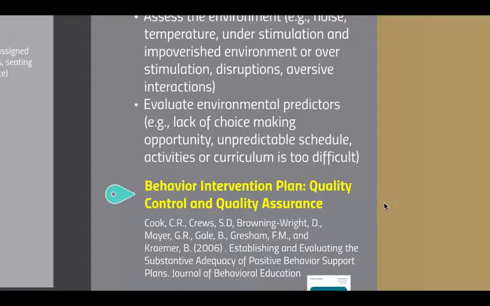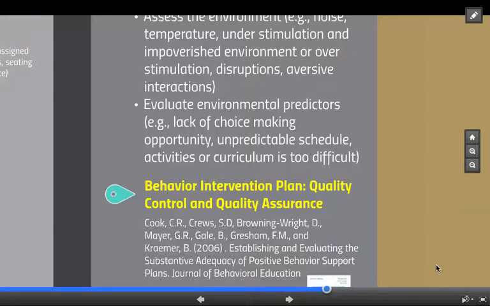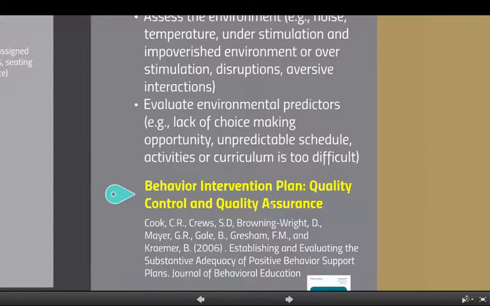Other environmental predictors could be a lack of choice making, unpredictable schedules, or abrupt transitions, for example, or activities or a curriculum that's just much too difficult for an individual. So a good behavior intervention plan is one that will address all of these factors and be developed accordingly.